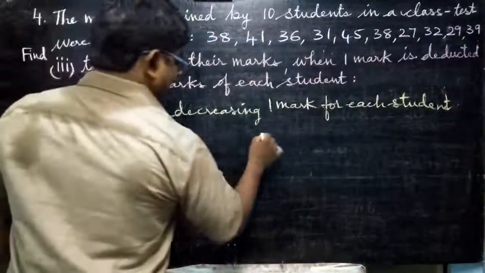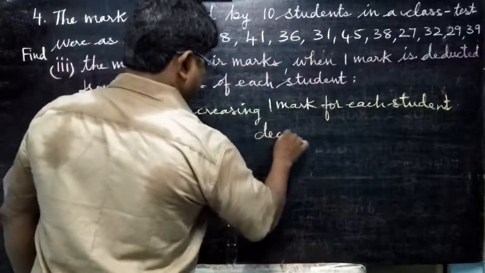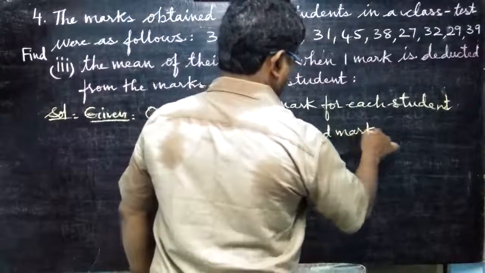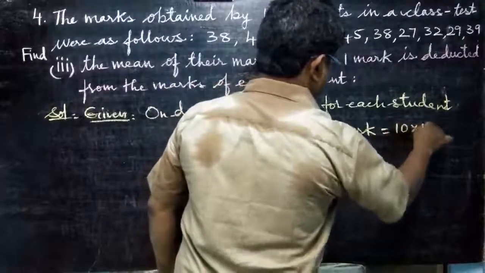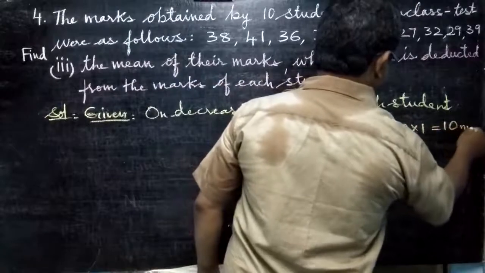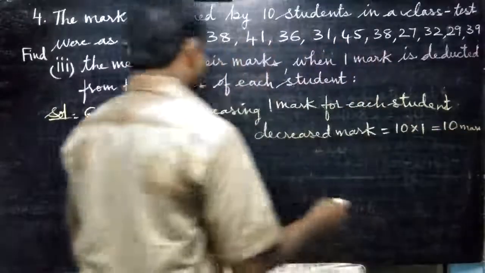Now how much is the decreased mark? Decreased mark is equal to 10 into 1. 10 ones are 10. 10 marks are decreased. So we have decreased, which means we have to subtract.